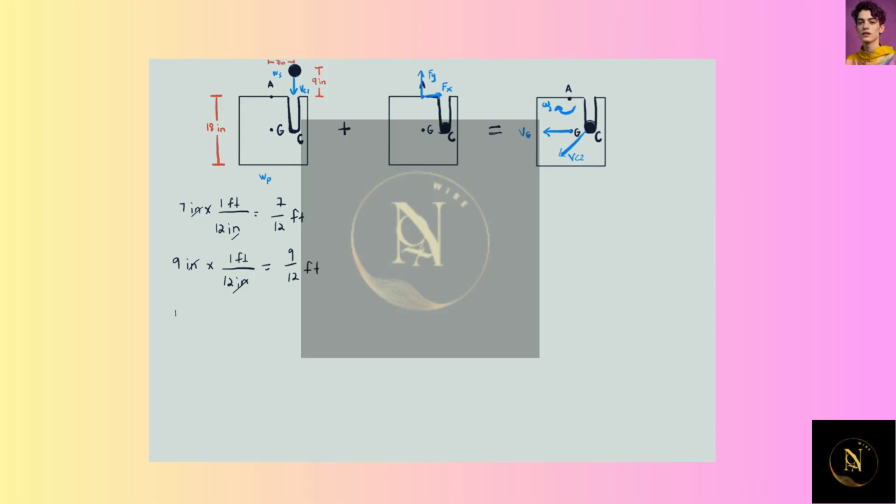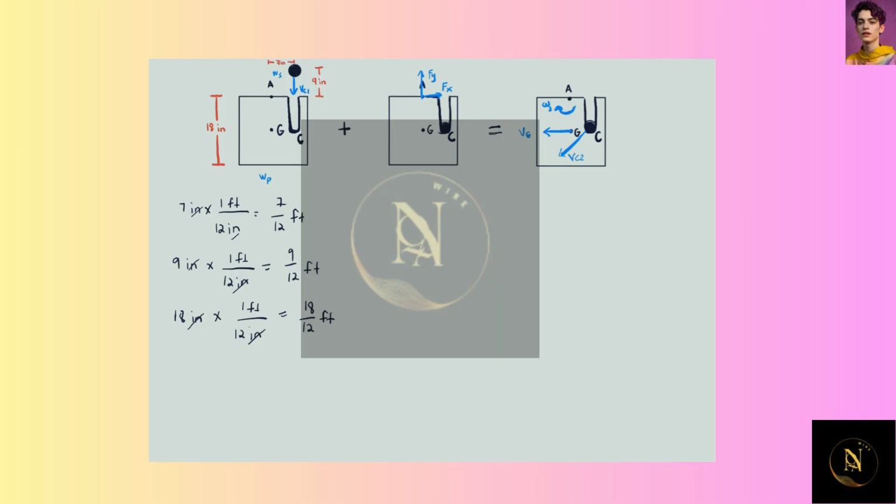And then lastly, 18 inches times the conversion factor, 1 foot over 12 inches, is equal to 18/12 feet. Notice that we're given the weight of the sphere and the panel, but we actually need their masses.